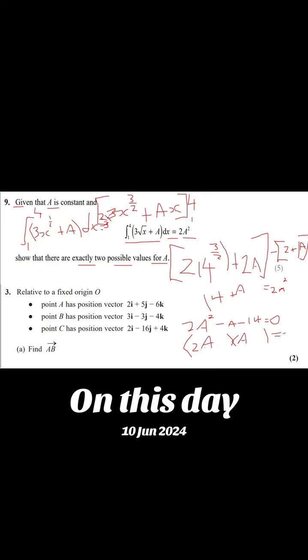So 2 and 7, or 1 and 14. No, sorry, guys, it should be minus 3a. Sorry, ignore me.